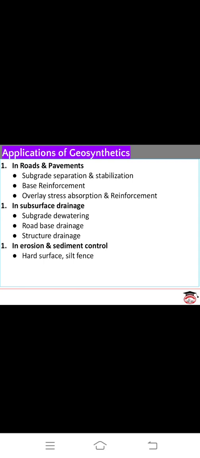For example, in canal embankments, the side slopes are made by using this geosynthetic material, so that the erosion of the soil along the slope of that canal gets reduced due to the geosynthetics. And sediment is also controlled by using geosynthetics.